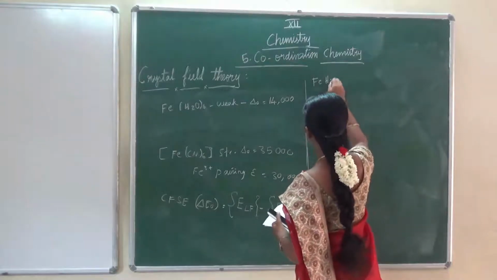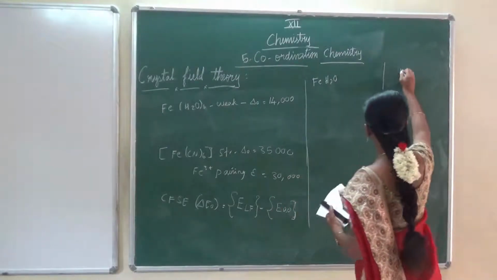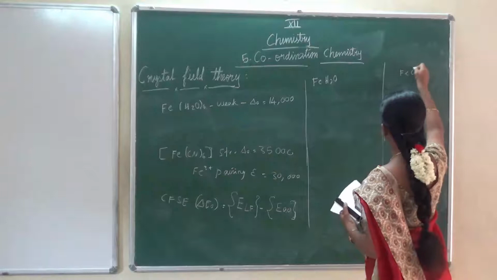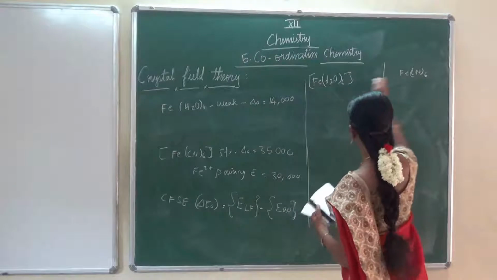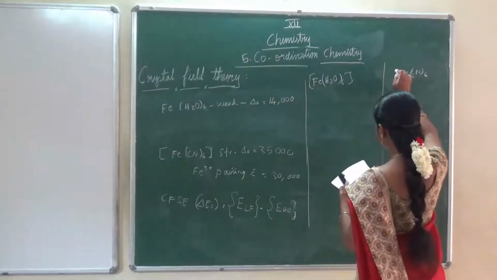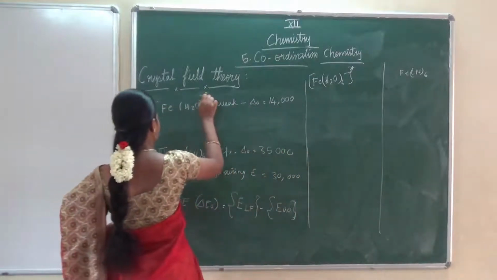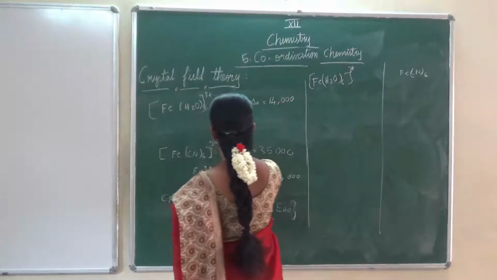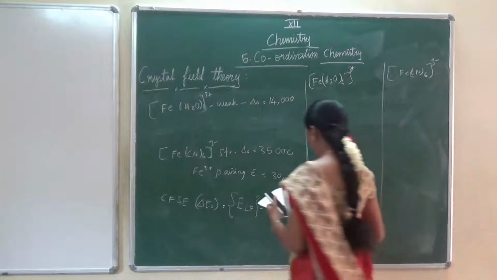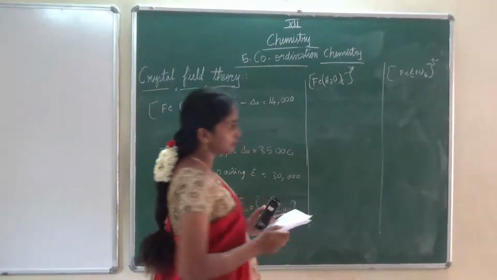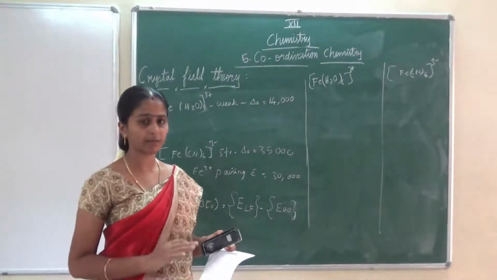Fe(H2O)6 3+, this complex, and Fe(CN)6 3-. In these two complexes, now we are going to see which is possible, where the electron is going to enter, whether the electron will pair up or it won't pair up.